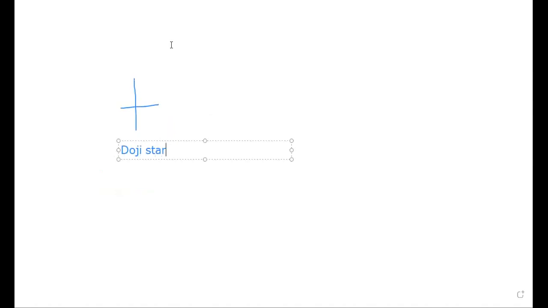We have another one. Doji star is just like this. But any doji star that is big, that has a long leg, we call it long leg doji. Call this long leg doji.